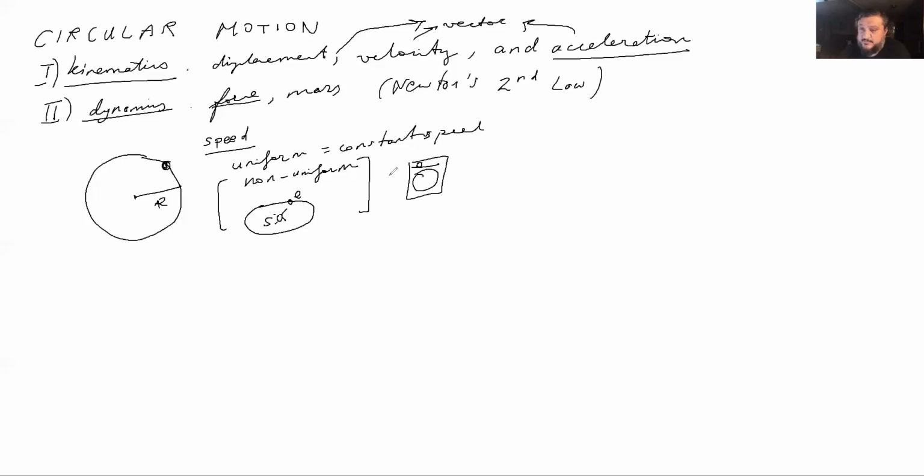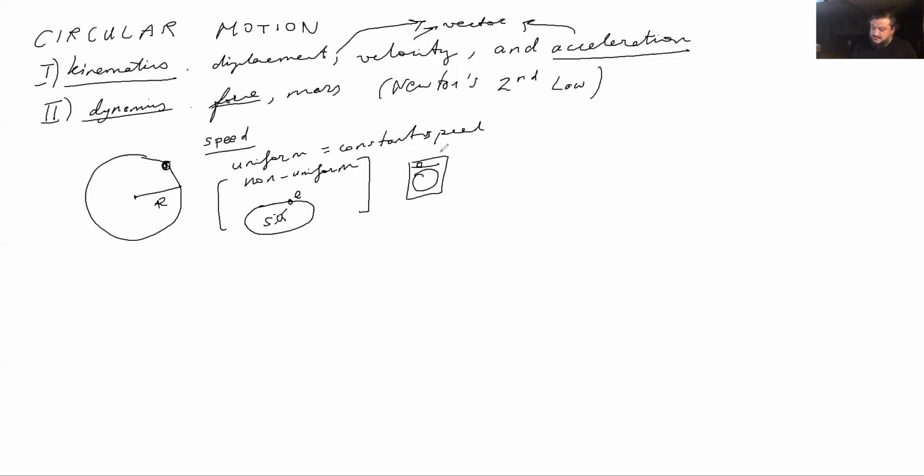That's another example of a non-uniform circular motion. In this case, we're talking about the point on the rim of the drum of the washer, right? If you think about the washer or the drum itself, it's a 3D rigid body. So we're talking about a rotation, an object rotating.